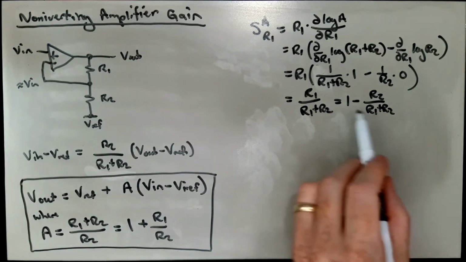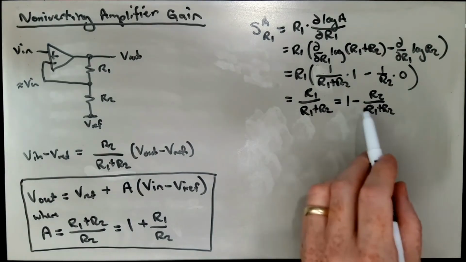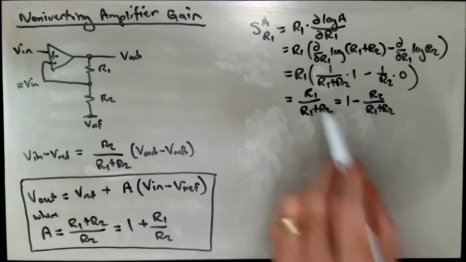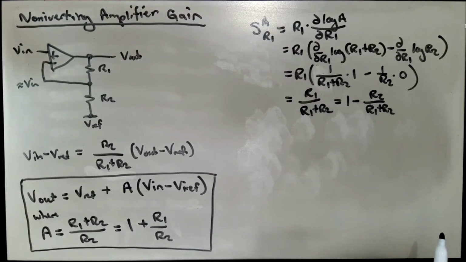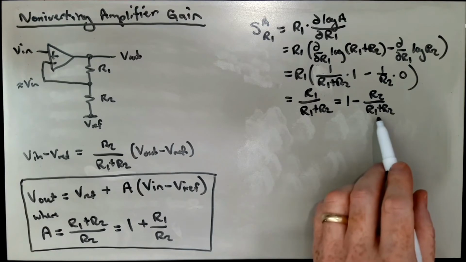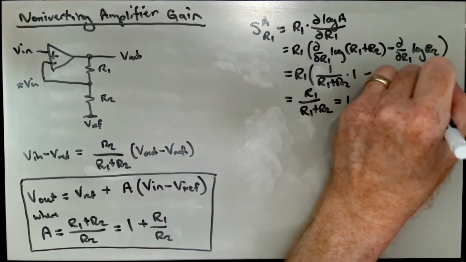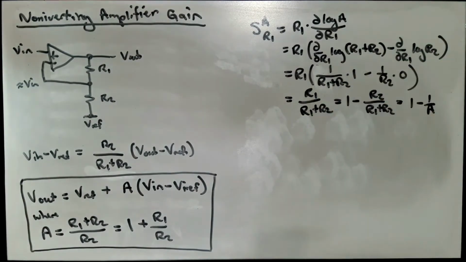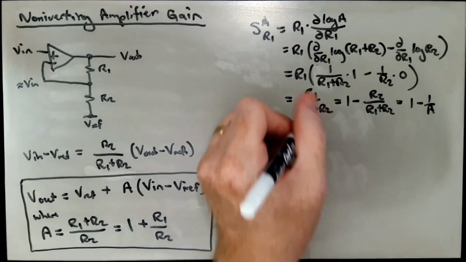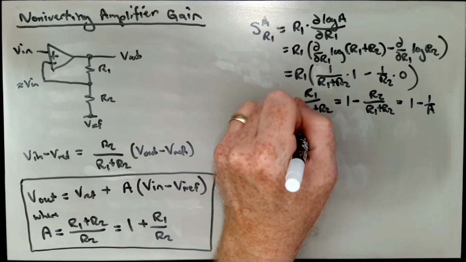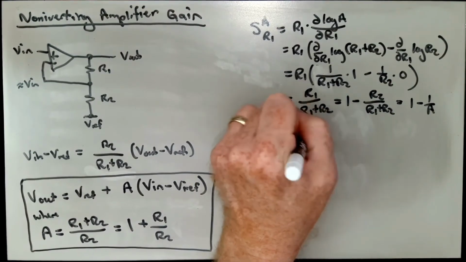Right, if I put these over a common denominator, the R2s would cancel, and I would get R1 over R1 plus R2. And of course, R2 over R1 plus R2 is just 1 over A. So this is just 1 minus 1 over A, or we can write that as A minus 1 over A.